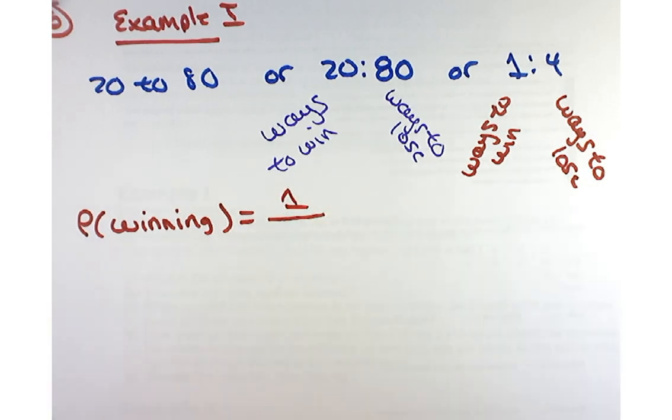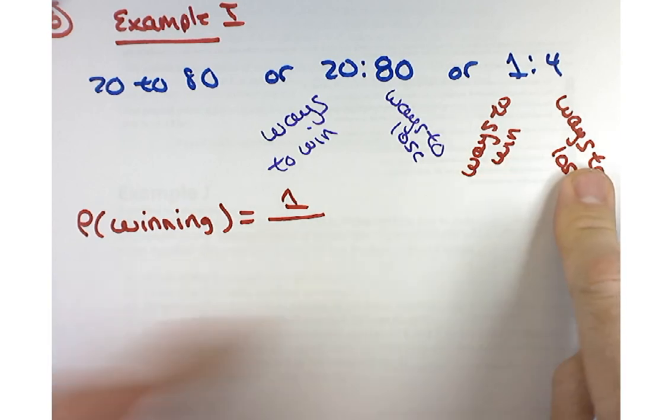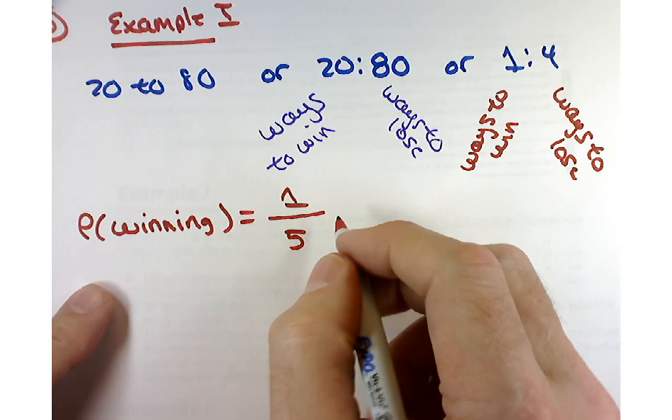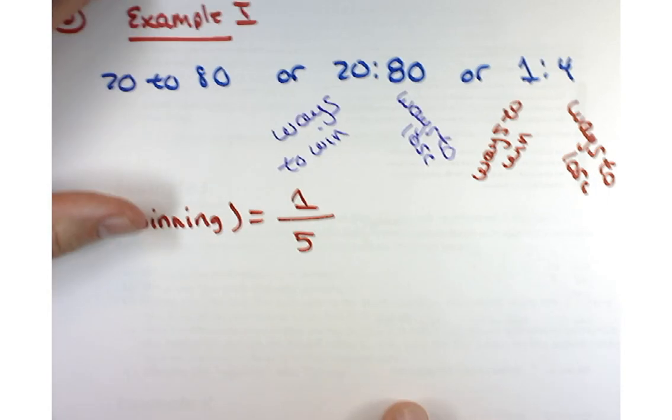But is it 1 out of 4 or 1 out of something else? How many possibilities are represented here altogether? 5. Well, there's 1 way to win, 4 ways to lose. All right. So, yeah, 1 out of 5. Yeah, that's your ways of winning.